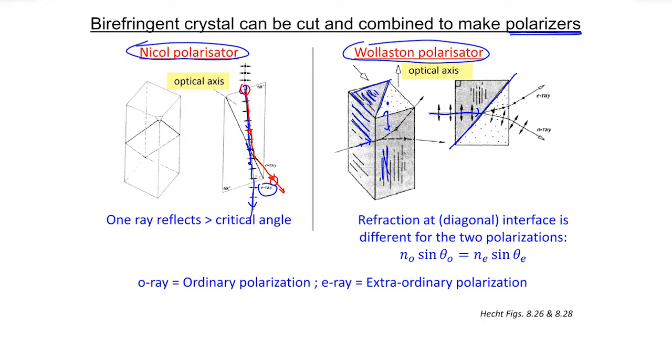And again, one of the rays going from low to high index medium bends towards the surface normal, and the other ray going from high to low index bends away from the surface normal here. And in that way you get two beams out of the polarizer. One with one polarization, ordinary polarization in this case, and the other with the extraordinary polarization.